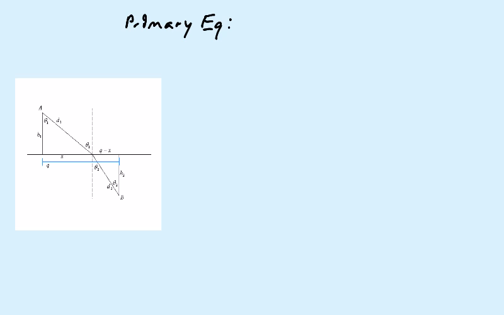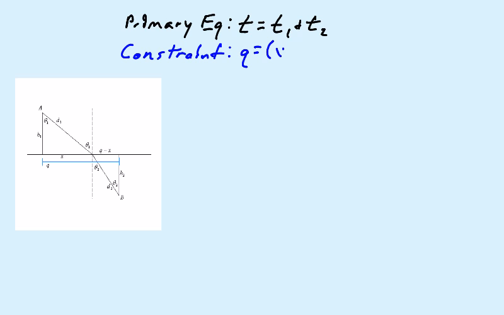works. Our diagram looks similar, but slightly different, and that's okay. The primary equation is t equals t1 plus t2, and the constraint equation is that q is equal to x plus q minus x.